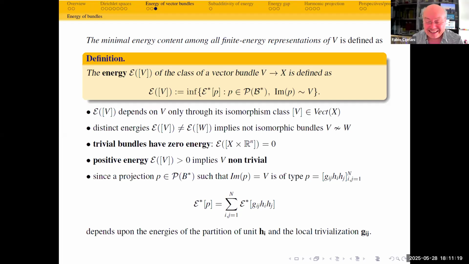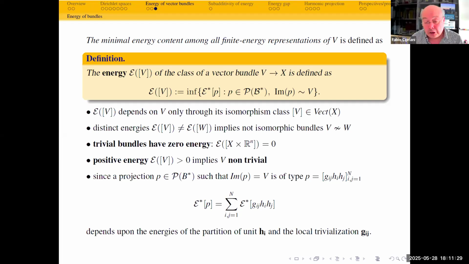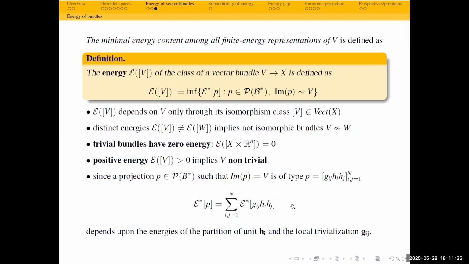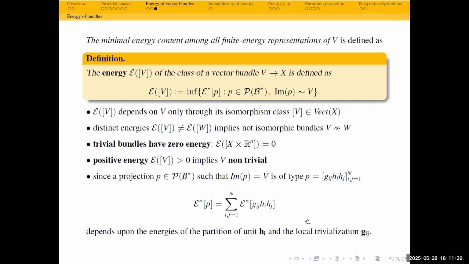So if you add a trivial direct summand, then you can diminish the energy. Typically, yes. In fact, this is one of the next properties I will show you. So this means that if you think about the stable isomorphism class of your vector bundle, it would be a different invariant than the invariant of the isomorphism class.